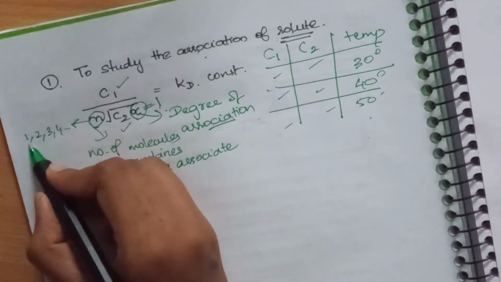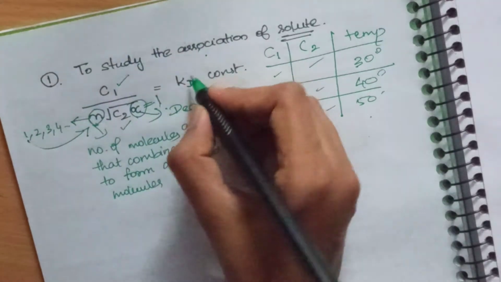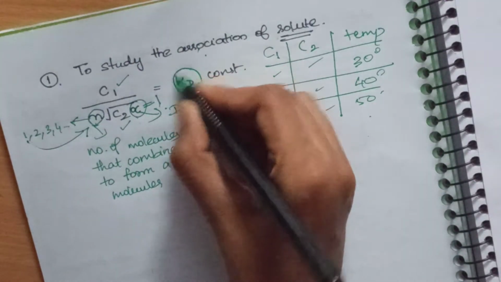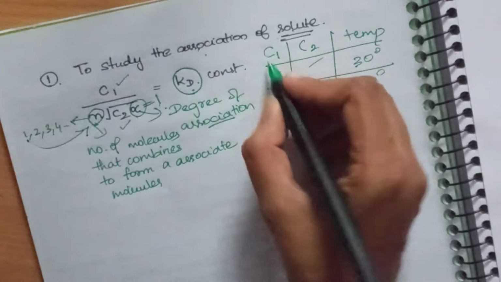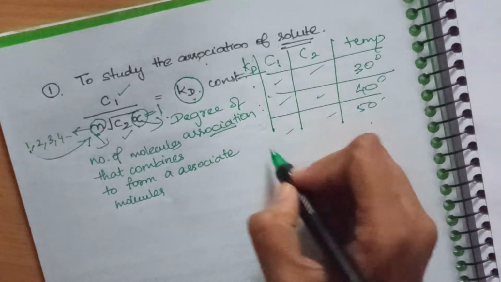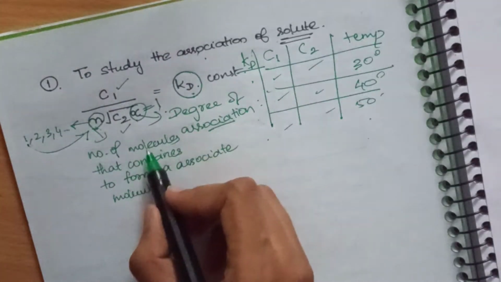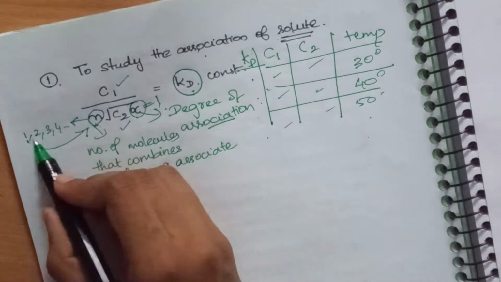If I plug in the value of N as 1, and check the corresponding output, that is the partition coefficient for each thing, if it is found to be constant, then the number of molecules that combine to form associated molecule will be 1.